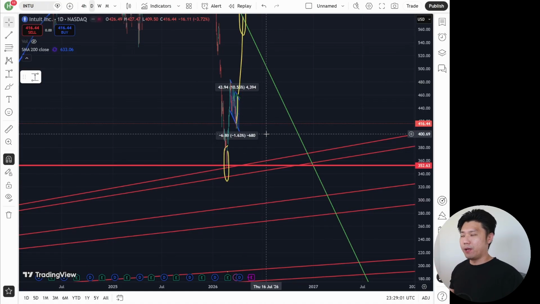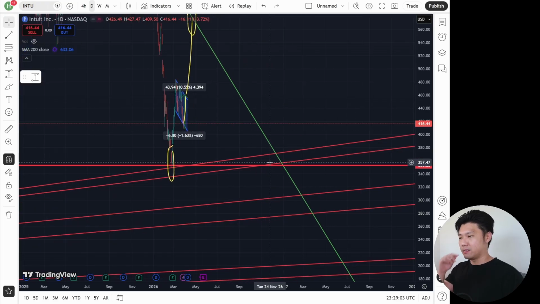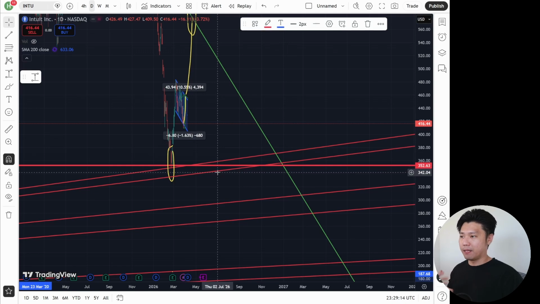Not only that, if we look at the longer term going into 2027, we have another line meeting over here, this horizontal line and also another upsloping trend line.